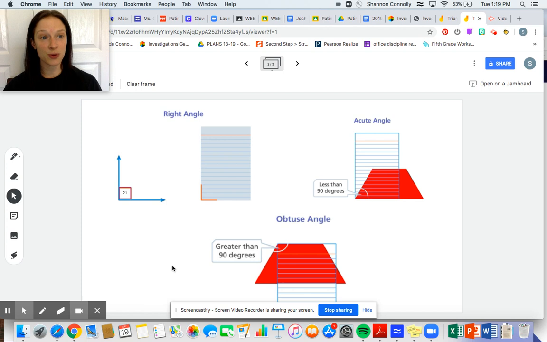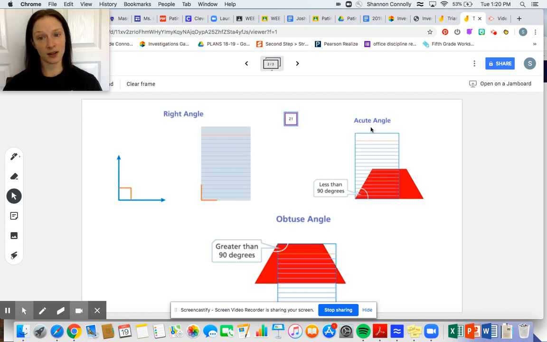And I know that the square tile has a right angle that measures 90 degrees. So I know that I have a 90-degree angle, okay? So since we know a piece of paper always has a 90-degree angle, that's why you're seeing a piece of paper here. So a right angle has a perfect square corner, but in fifth grade, we're gonna say it measures 90 degrees. So a right angle is a 90-degree measurement, okay?